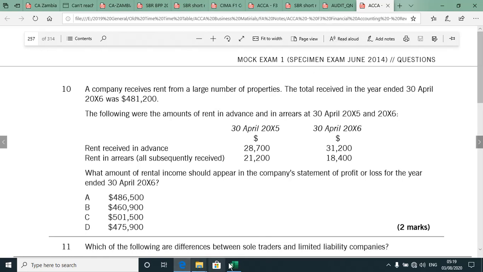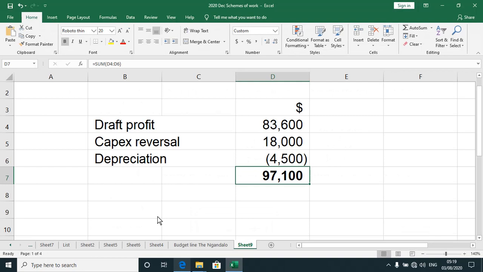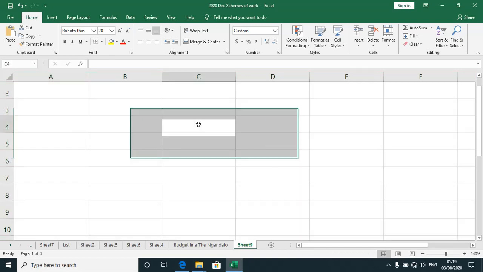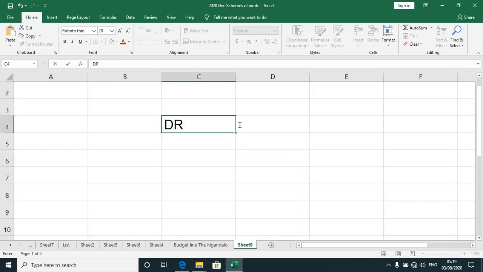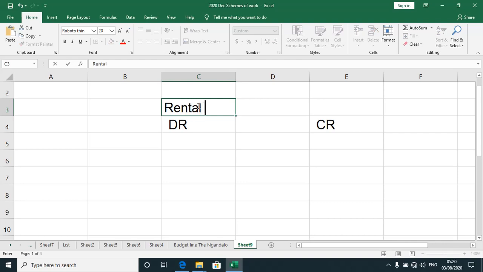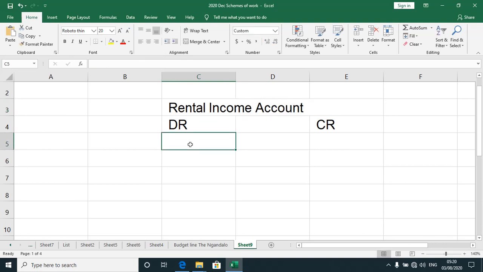And I think this is the time to again open some kind of a T account. So we need to clear what we have there. So we've got debit this side, the other side we've got credit. Rental income account. Of course, we've got dollars.